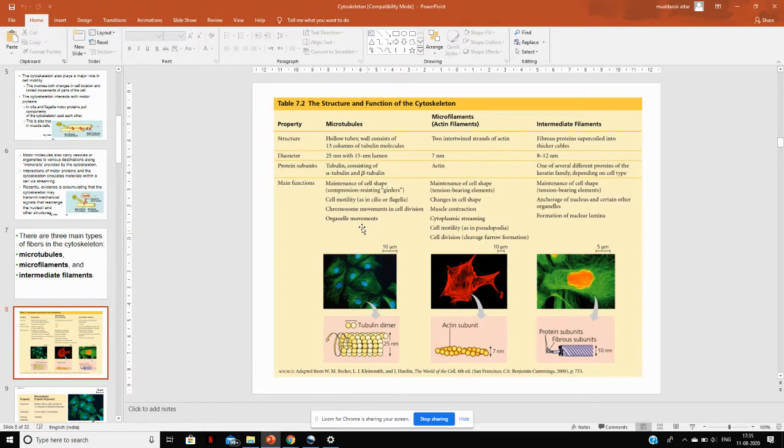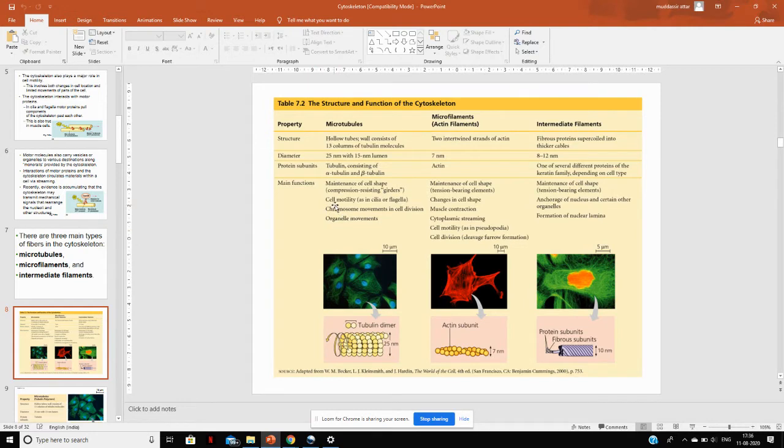Then, what is the main function of the three cytoskeletal structures? Microtubules, the largest of them, are involved in maintenance of cell shape, that is compression resistance. They act as girders. That means as long as the cell is undergoing compression, it is held with the help of microtubules.